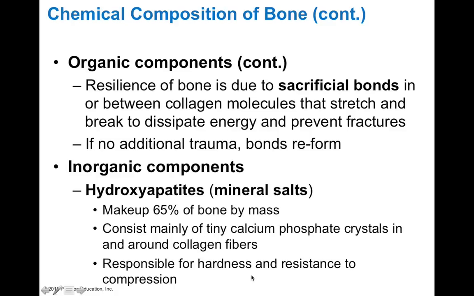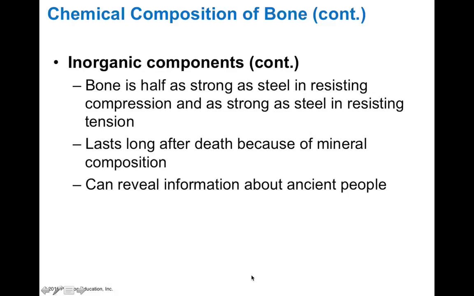So think of bone as being like a mineralized matrix. Inorganic components also contribute to the fact that bone is half as strong as steel in resisting compression, but as strong as steel in terms of resisting tension.